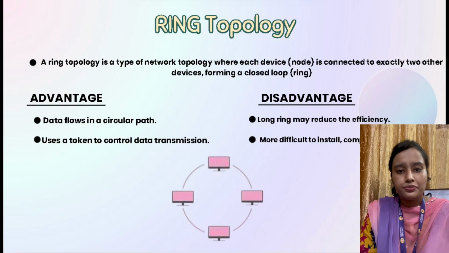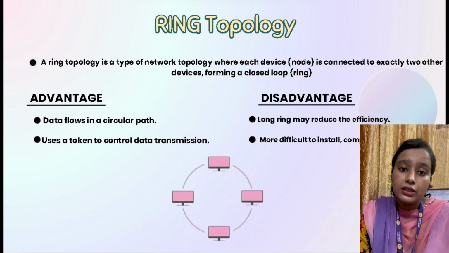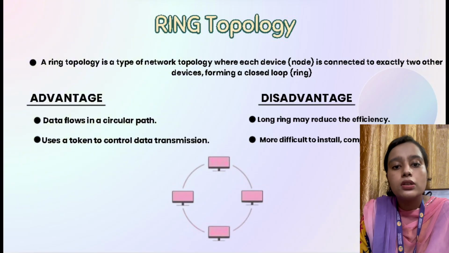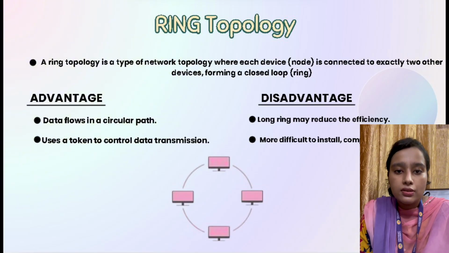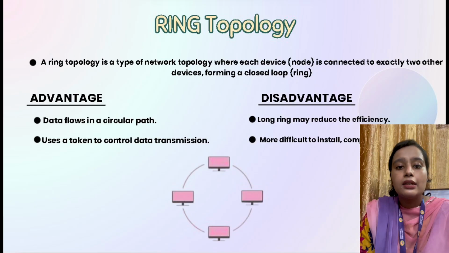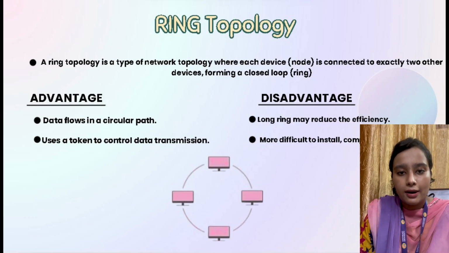right? This topology also has advantages and disadvantages. The advantages are it sends data to other devices, creating a circular path for data transmission. Second, it uses a token to transmit the data.